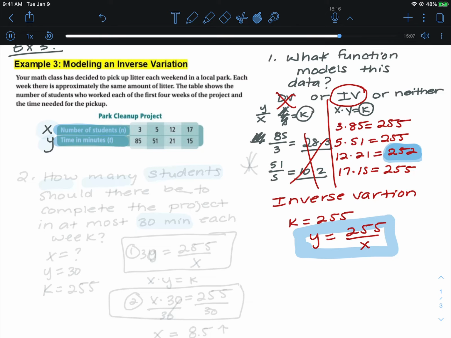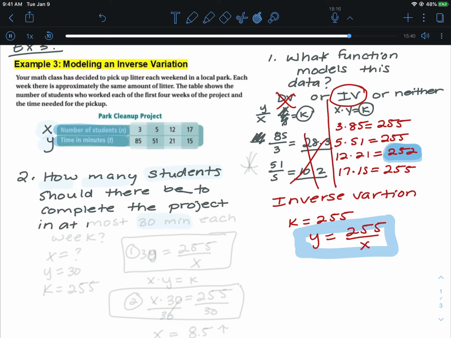How many students should there be to complete the project in at most 30 minutes each week?